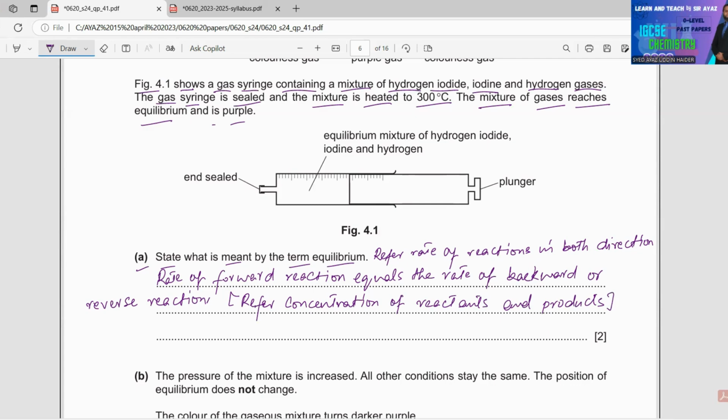So what you're going to write: concentrations of reactants and products are no longer changing.